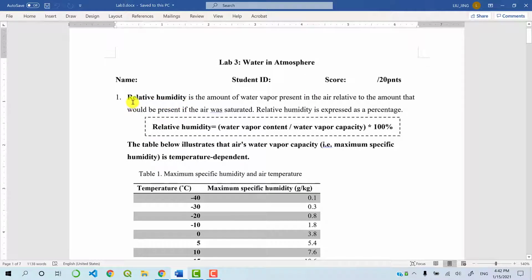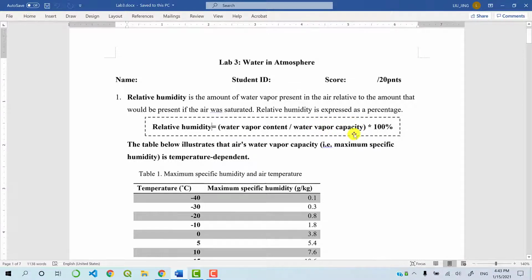The first question basically is to test your understanding of relative humidity. The key to answering this question is to use this formula. As you learned in your textbook and our lecture meeting, the relative humidity equals the actual water vapor content in the air divided by the water vapor capacity, so how much maximum amount of water vapor can be held in the air.